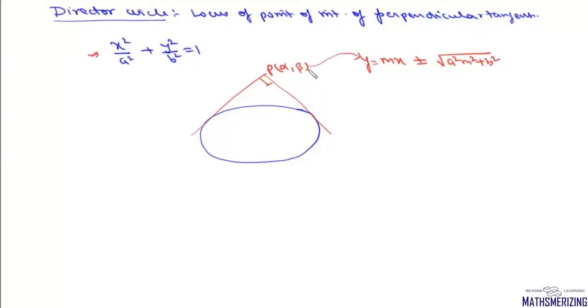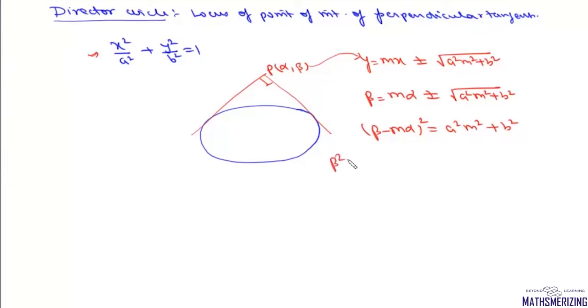So we'll put the value of x and y. So we can write beta equals m alpha plus minus under root of a square m square plus b square. Now we'll take this m alpha on the left hand side and we'll square. Then we can write beta minus m alpha whole square, and it will be a square m square plus b square.